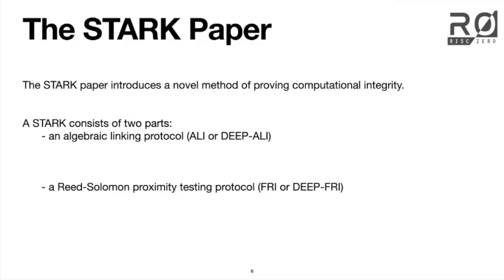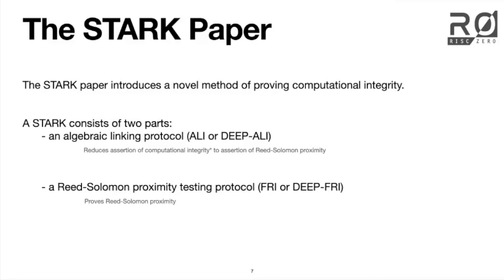But for the purposes of this slide, I just want to contextualize that a Stark has two parts, algebraic linking, and then Reed-Solomon proximity testing. And specifically, the algebraic linking part turns our assertion of computational integrity into a Reed-Solomon assertion, and then the second part proves that Reed-Solomon assertion.